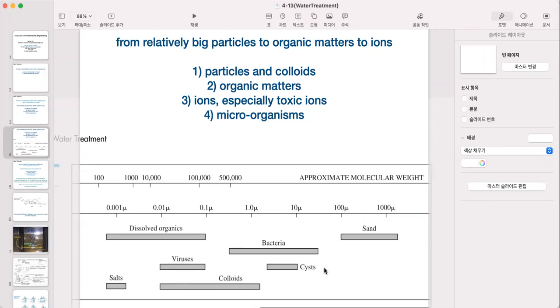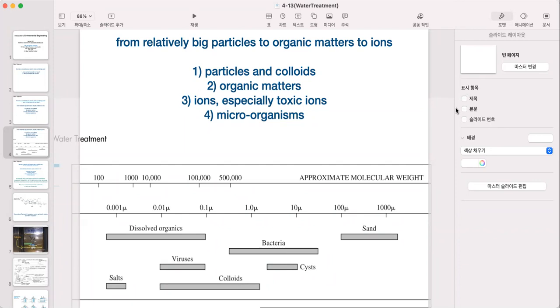2 weeks after. So last time on Tuesday, we discussed what our purpose with water treatment is, and we would like to understand what process is appropriate and proper to remove each contaminant: from particle to colloid, organic matter, ions, and salt as well.